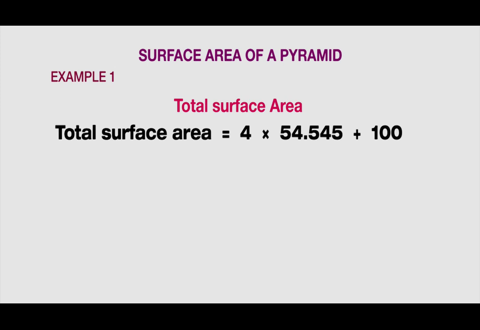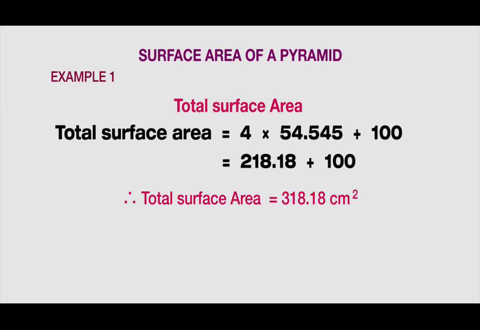So the total surface area is equal to 4 times 54.545 plus 100. And if you do the multiplication, you get 218.18 plus 100. Therefore, our total surface area is equal to 318.18 centimeters squared.